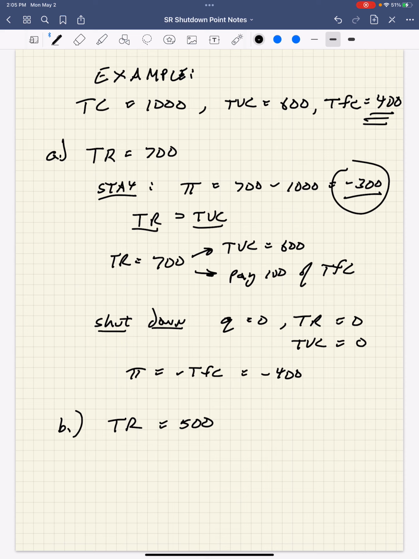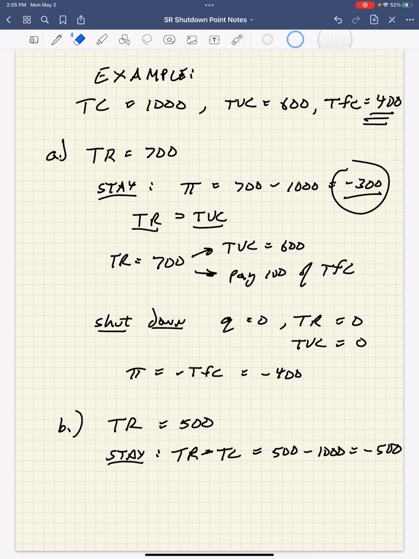Well, the same option is in front of us. We can stay in business and we'll have our total revenue minus total cost, so our profit level, 500 coming in, we had 1,000 coming out, so we'll be losing 500.